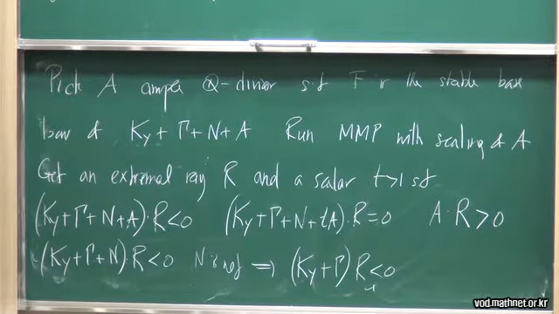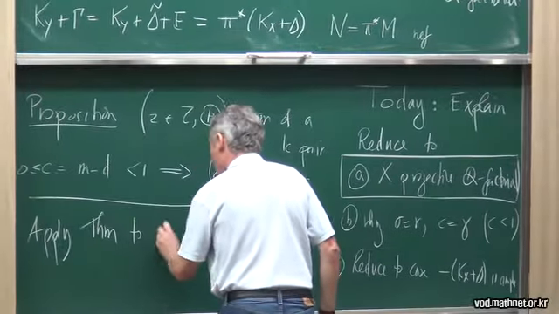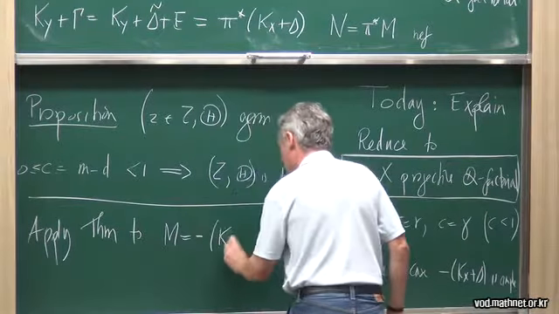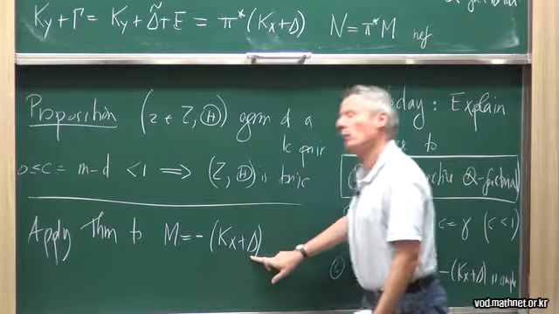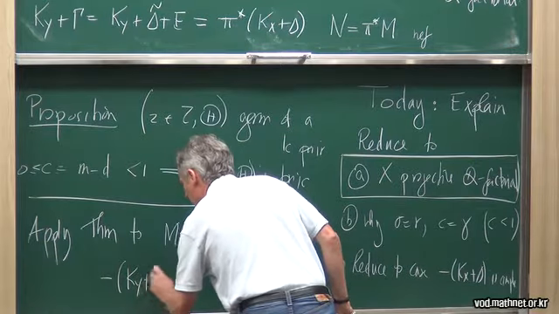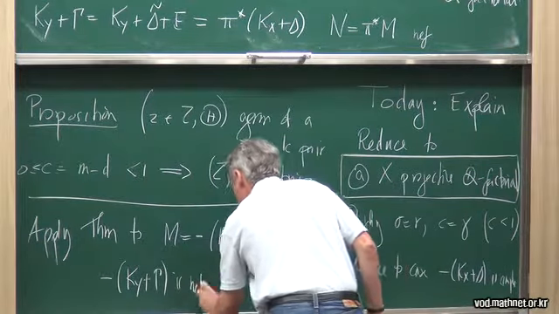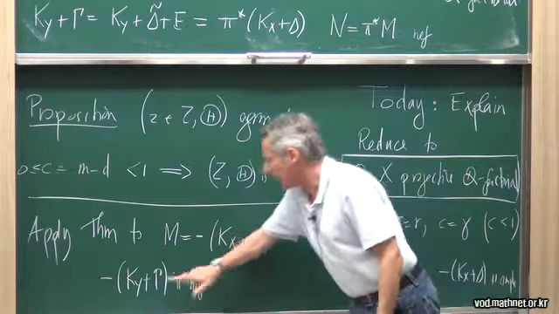So that proves the theorem, and then given the theorem, it's not so hard to prove A. So apply the theorem to m equals minus KX plus delta. And then if the pullback of this is nef, that implies that minus Ky plus gamma is nef. So you can replace (X, delta) by (Y, gamma).